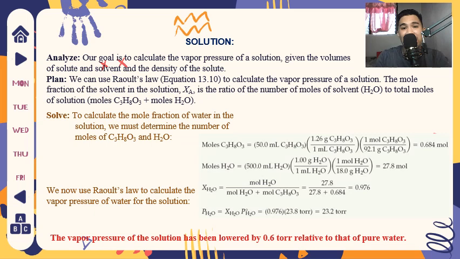Compared to electrolytes, which could yield more decrease of vapor pressure. But the thought here is that there is a decrease. It lowers the vapor pressure compared to the normal vapor pressure possessed by pure water.